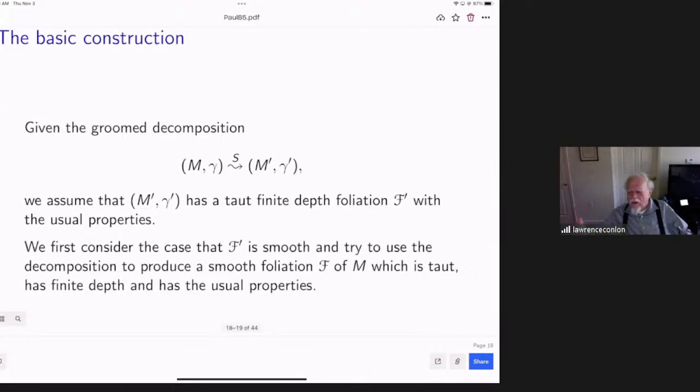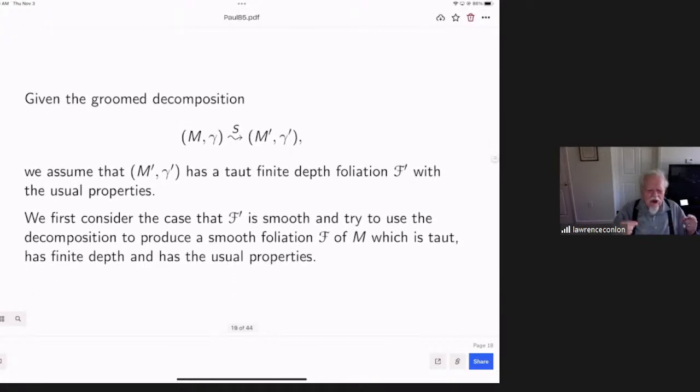Remember, I gave several properties the foliation would have to satisfy. So we first consider the case that F prime, the foliation on M prime, is smooth, and we try to use this decomposition to pull it back to a smooth foliation F on M itself, which is taut, has finite depth, and has the usual property. That's the goal.